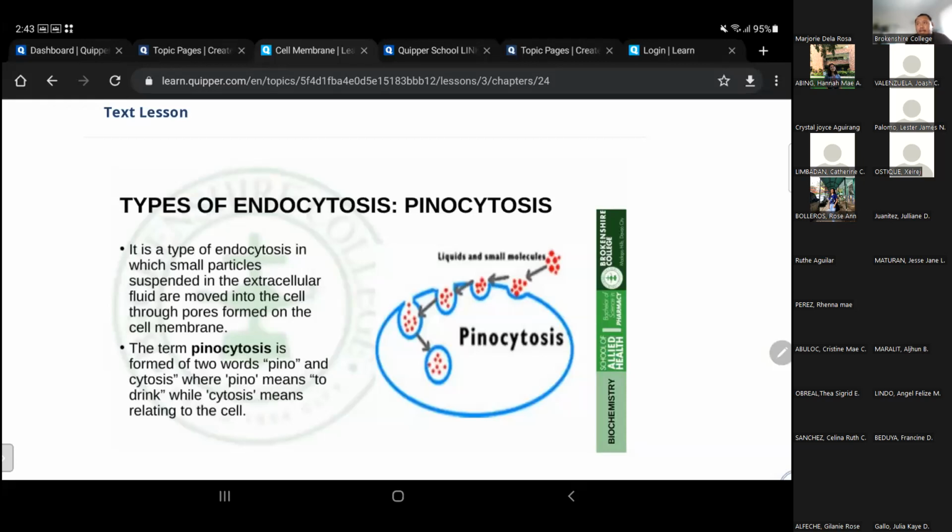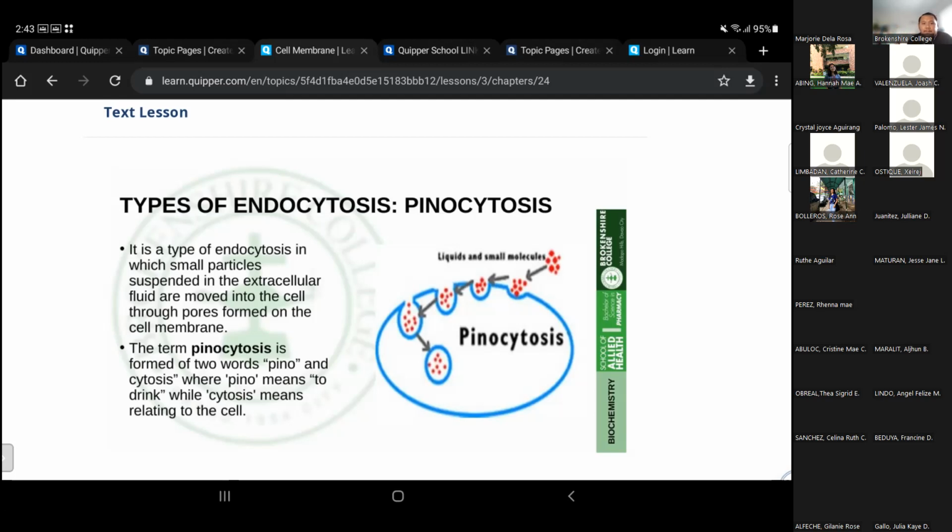Pag solid particles, endocytosis, phagocytosis. Pag liquid particles, or solute suspended in a liquid, solute or molecules suspended in a liquid to move inside the cell is through the process of pinocytosis.